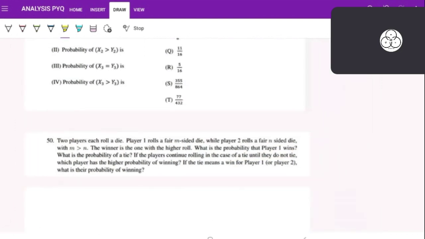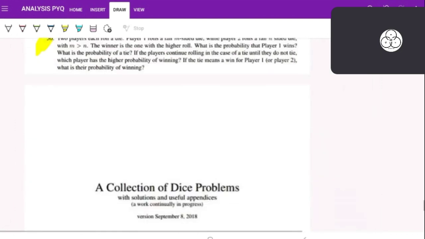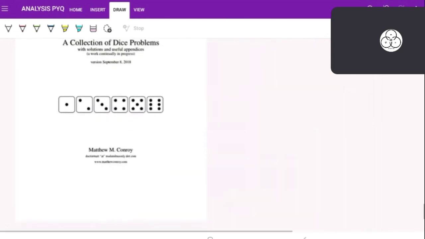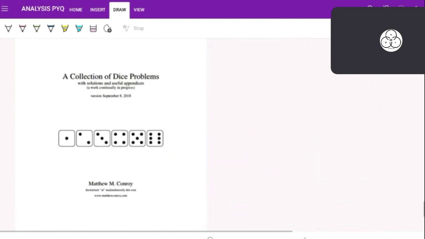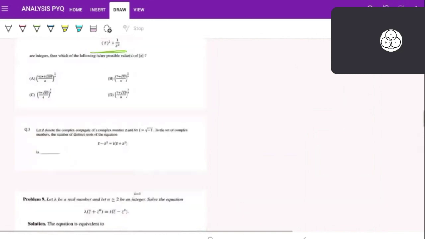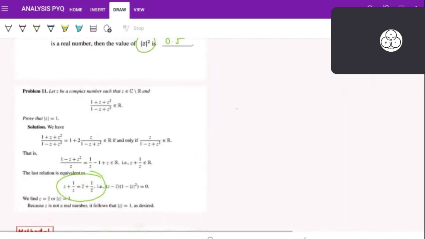Now this question is from the Olympiad book, Collection of Dice Problems, by Matthew M. Conroy. That's a very good book, but again, it's never possible for us to go through each and every source, because this time these sources were followed, which doesn't mean that in 2023 the same books will be followed.